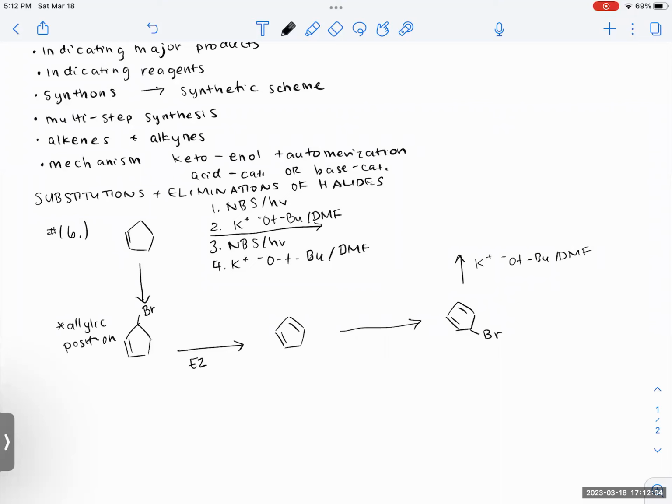And this time, obviously, it's not going to remove the bromine and create a double bond because there's no room for a double bond. So this is where it's going to do a substitution. So we're going to end up with this.